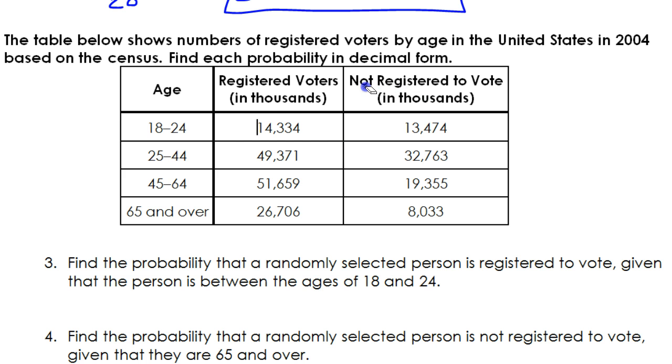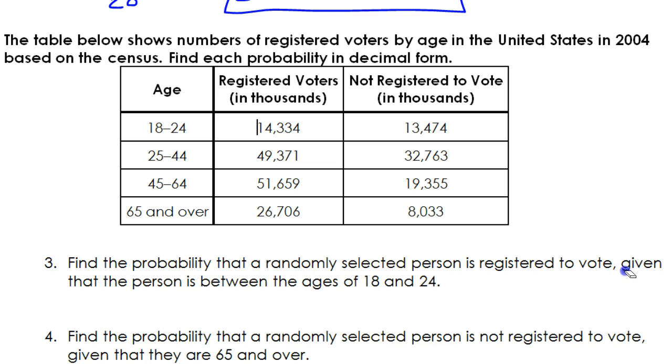Anyways, so we have registered voters and those who are not registered to vote. So what are they asking us for? Find the probability that a randomly selected person is registered to vote.